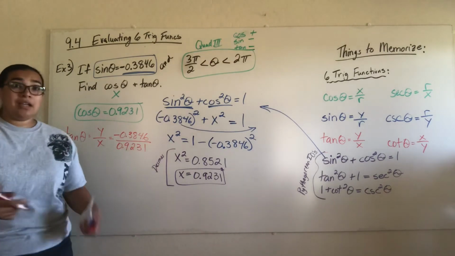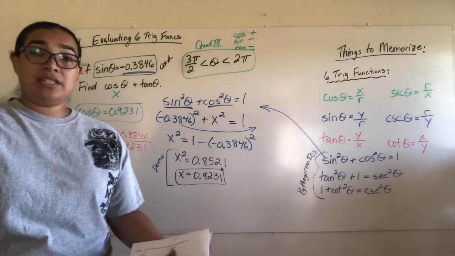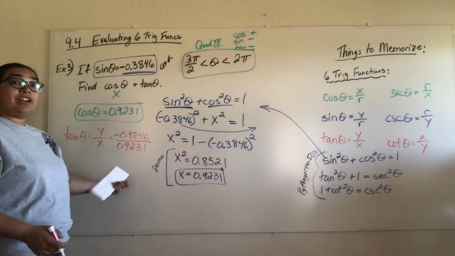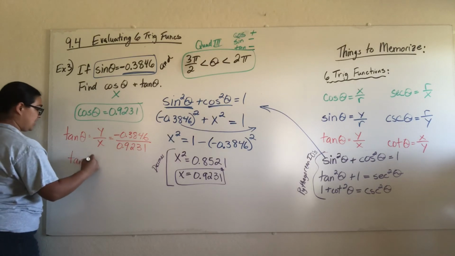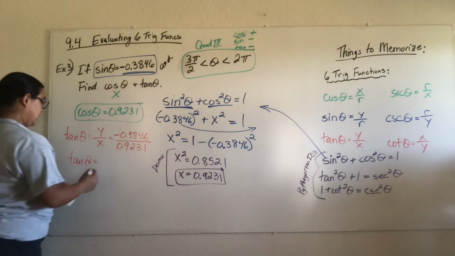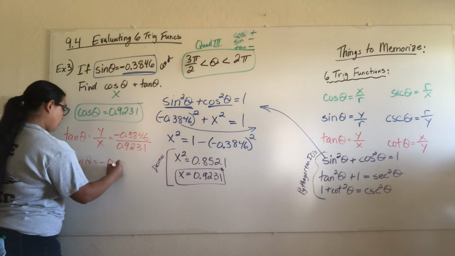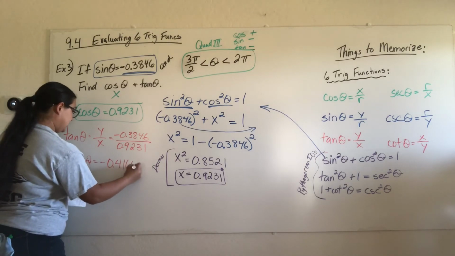Again, go to a calculator, go to Desmos, pretty simple, but you are doing this decimal divided by that decimal, and that's going to get you your tangent answer. So tangent theta, and let's see, I got negative 0.4166.